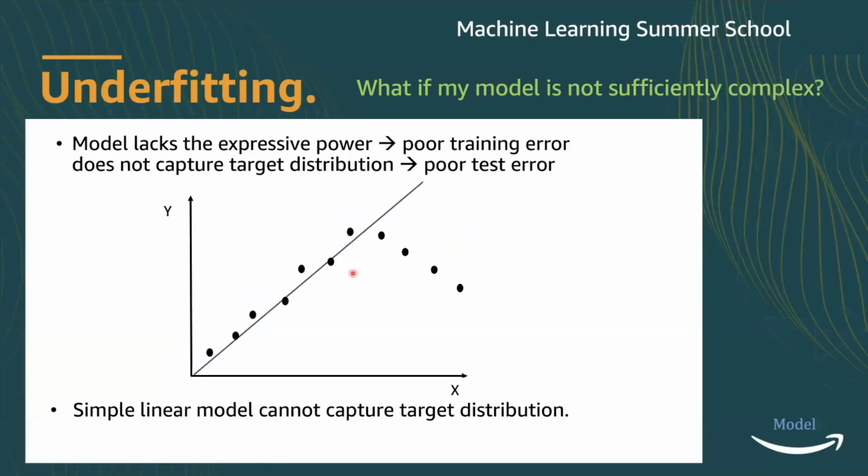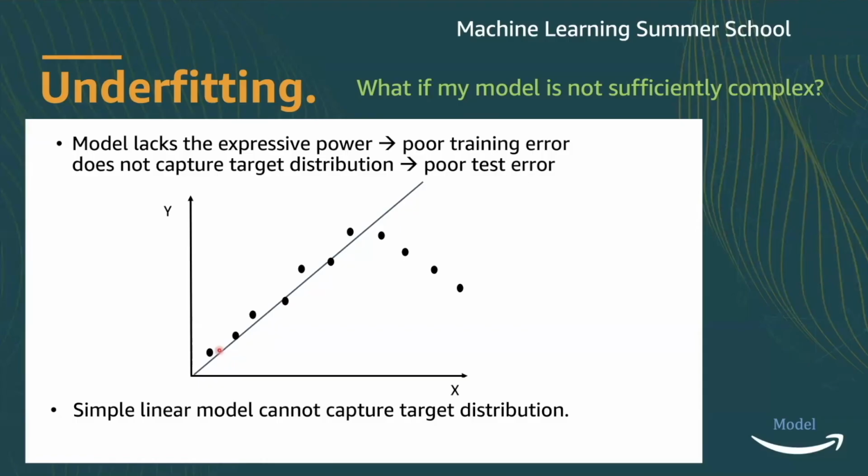Now, what happens if you have the opposite case where your data is high dimensional, in this case something coming out of an order 2 curve, but the model that you're fitting is not sufficiently complex? Now the opposite happens.